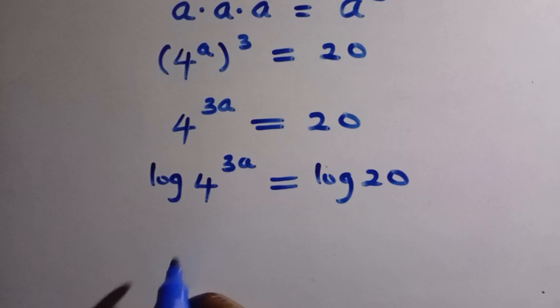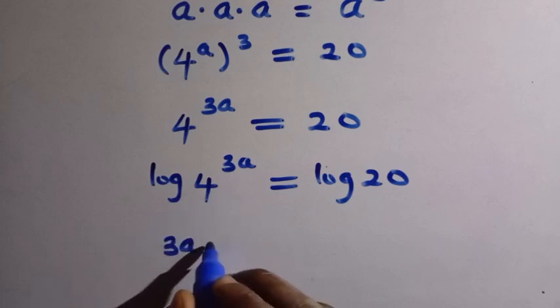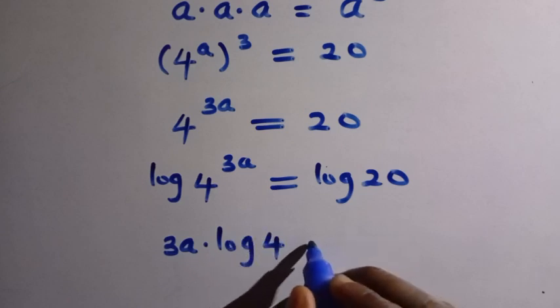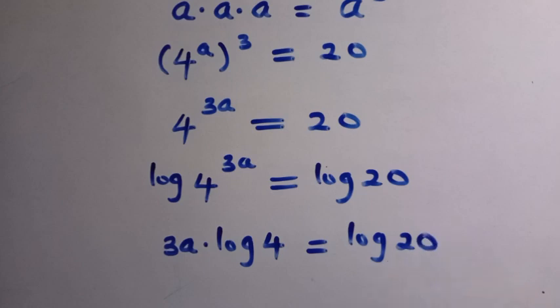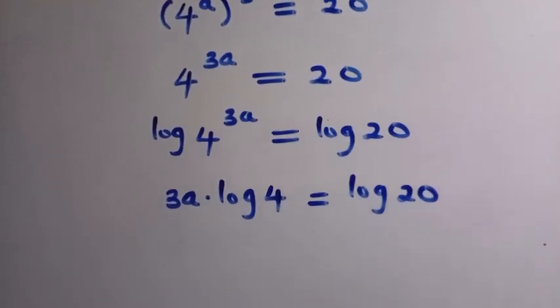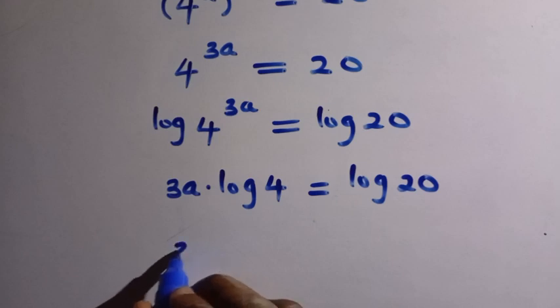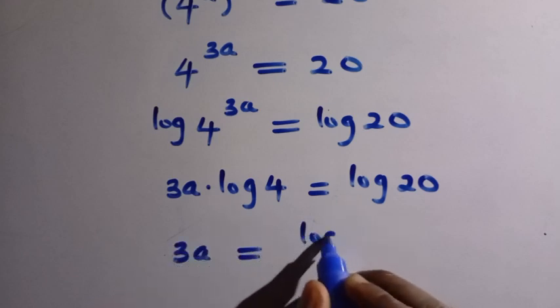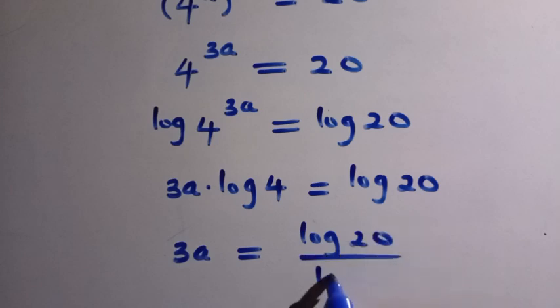So by applying the law of logarithm here, this becomes 3a multiplied by log 4 equals log 20. And by dividing both sides by log 4 here, we have 3a equals log 20 divided by log 4.